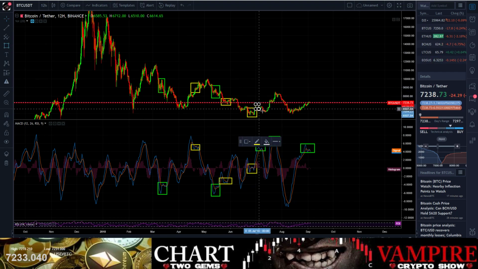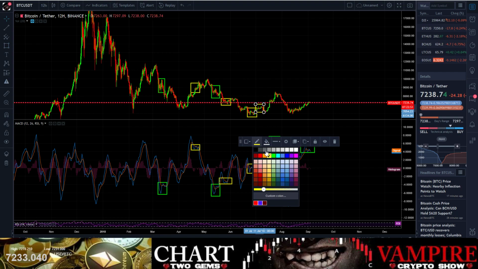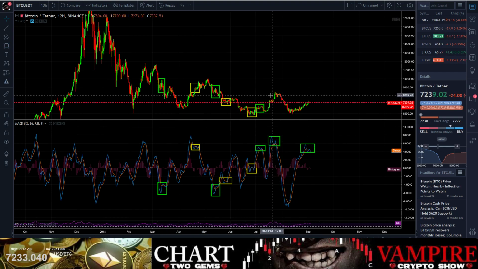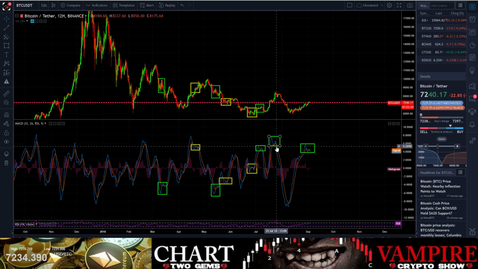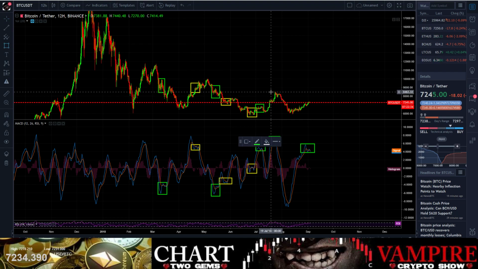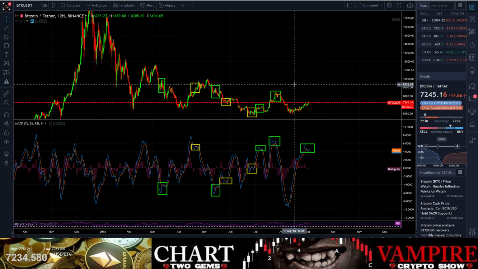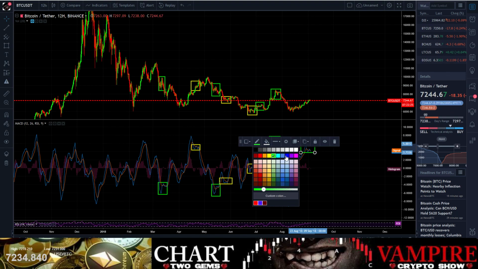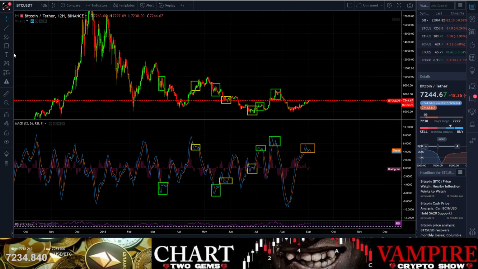Then this one is green. Forgot one more. Where's it at? And green. Now we do not know what color this box is, so we're just going to leave this box orange. We don't know what color this is.